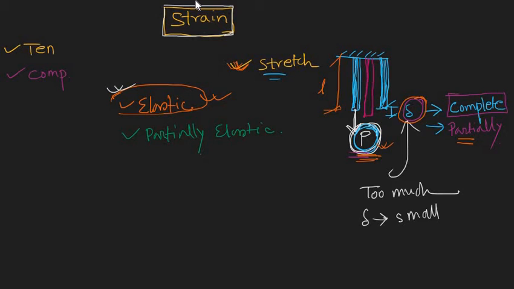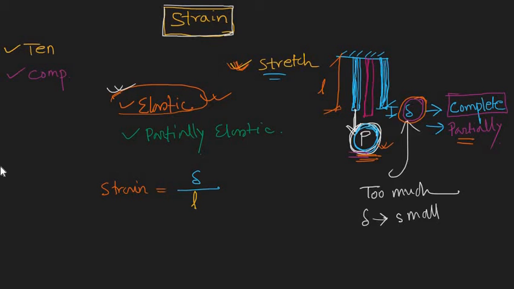So what is strain actually? The strain is defined as the ratio of this deformation delta with respect to the original length of this bar, here it is L.